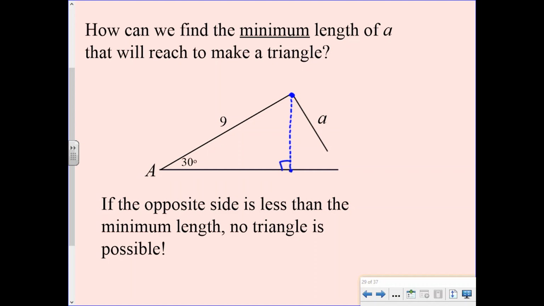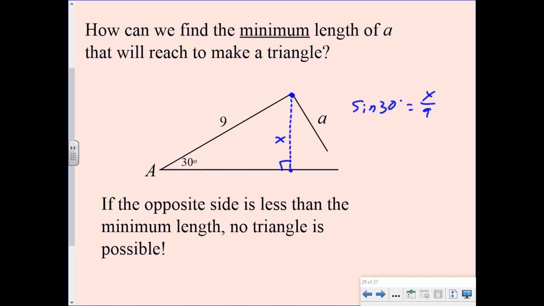So how could I find what that minimum length is to get down here? Well, if I just call this x, I can use a trig function to find what that length is, because I know that sine of 30, since x is the opposite and 9 is the hypotenuse for this triangle, so sine of 30 is equal to x over 9.